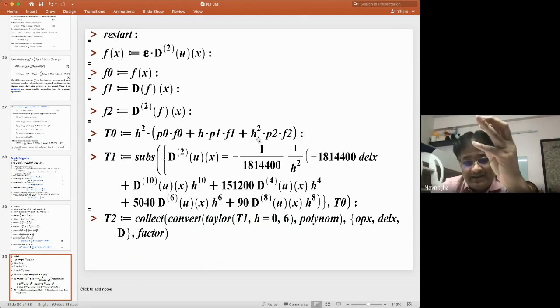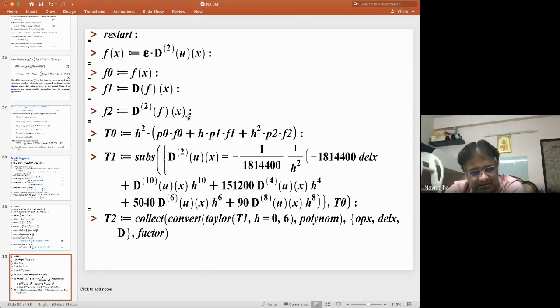One is OPX, that is operator A. Another is operator del x, that is operator B. With the help of operators A and B, that is OPX and del x, we will replace the first derivative and second derivative in terms of operators.